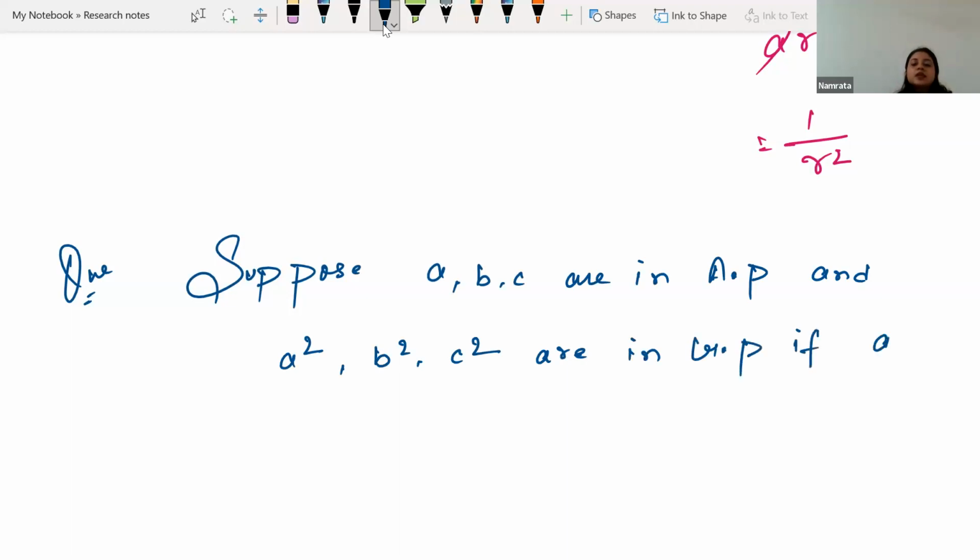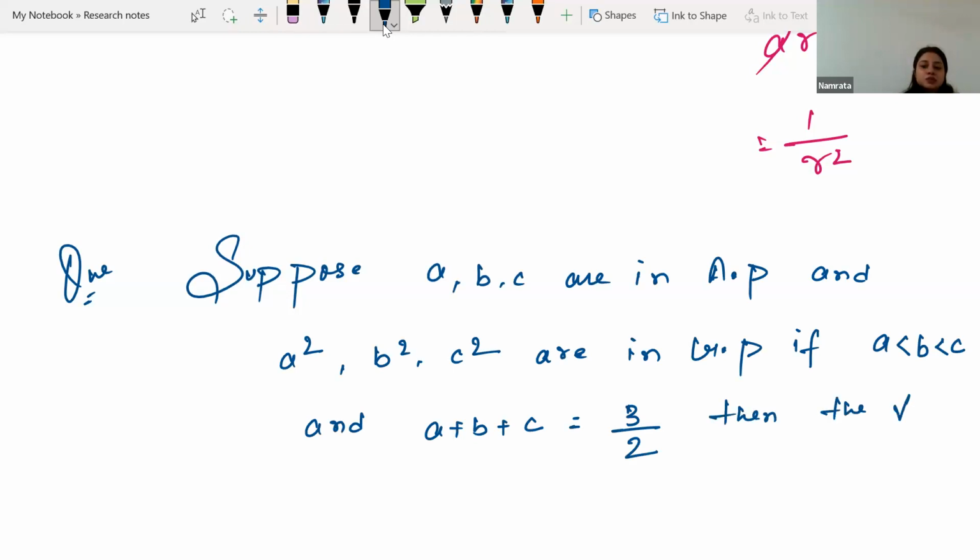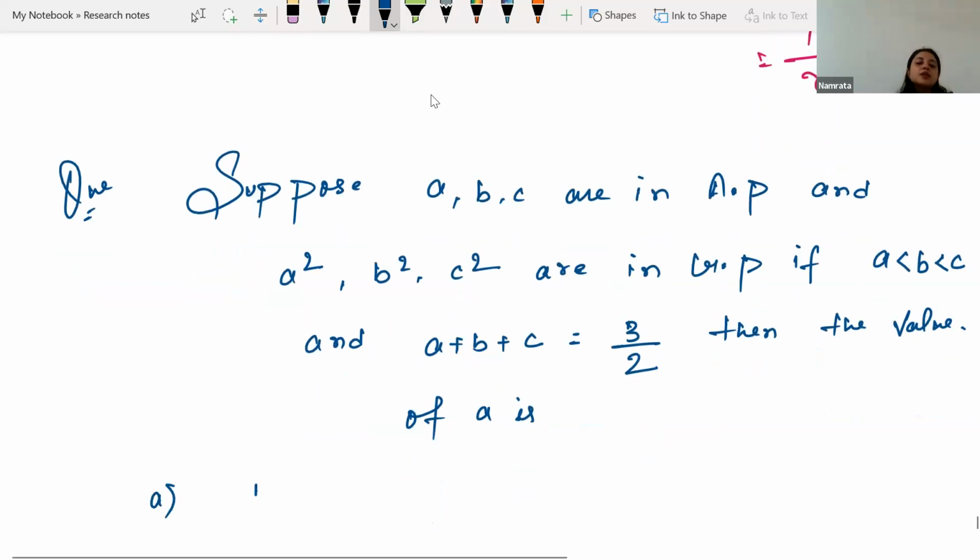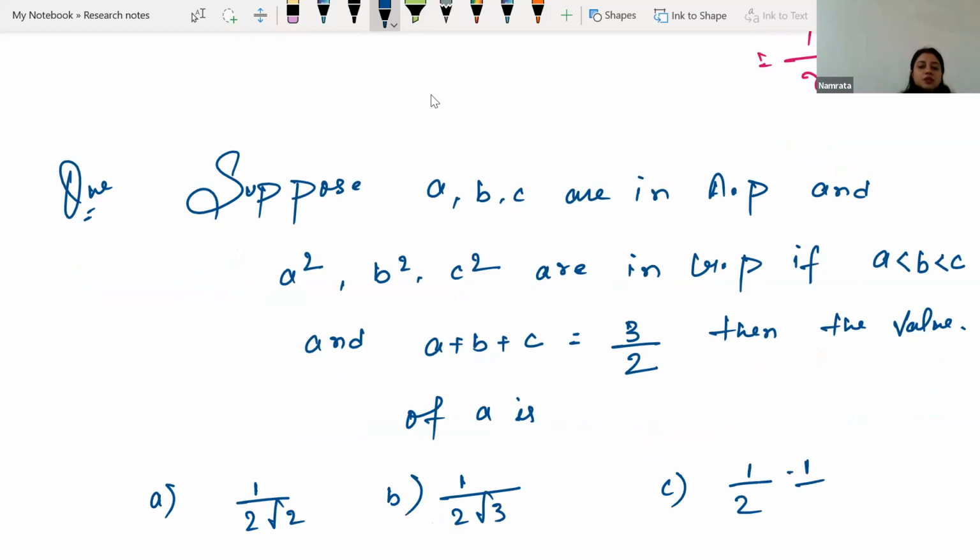If A is smaller than B is smaller than C and A plus B plus C is equal to 3 over 2, then the value of A is. The options are also given over here. A is 1 by 2 root 2, B is 1 by 2 root 3, C is 1 by 2 minus 1 by root 3, and D is 1 by 2 minus 1 by root 2. Just give me a second.